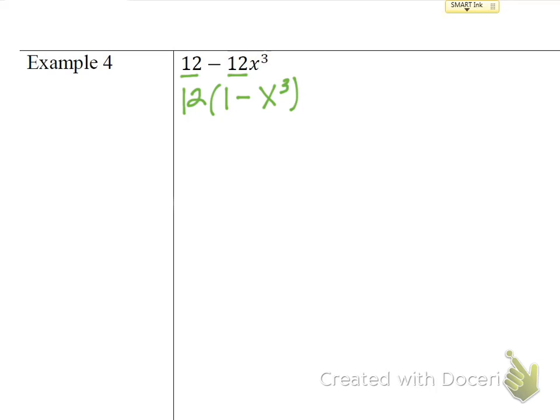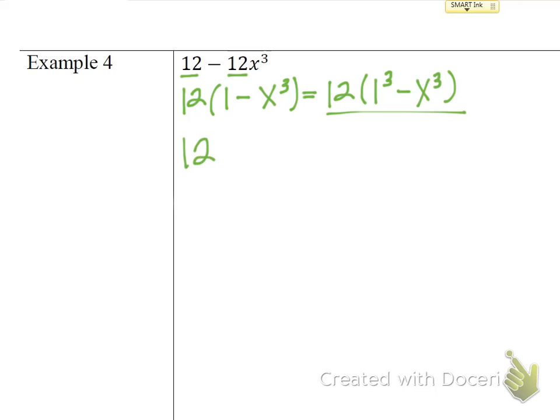And now I actually do have a difference of cubes, because this is going to give me 12 times 1 cubed minus x cubed, because 1 cubed still leaves me with 1.